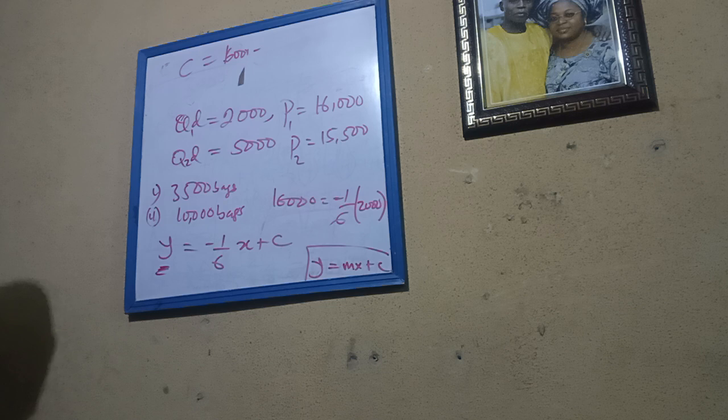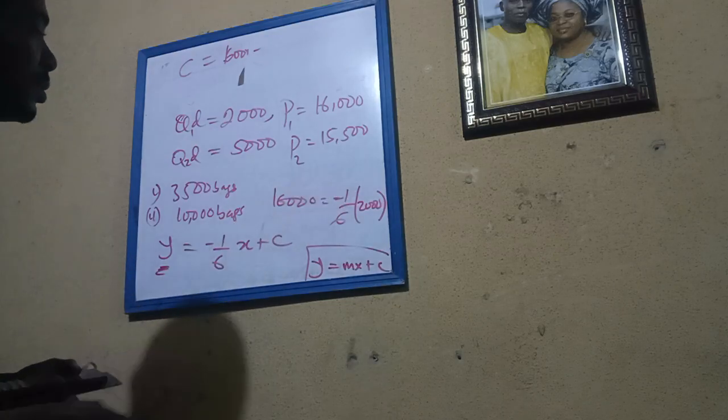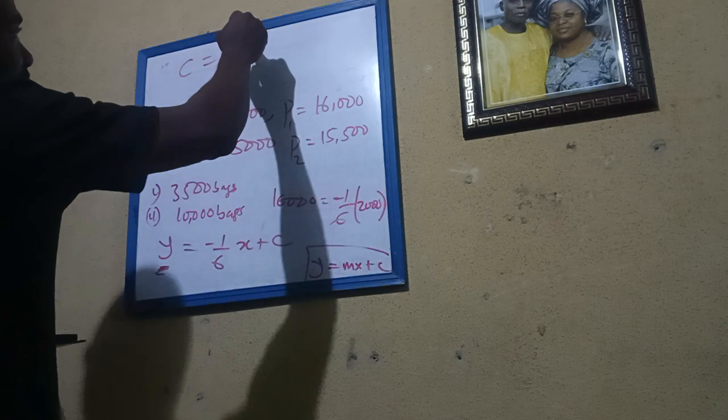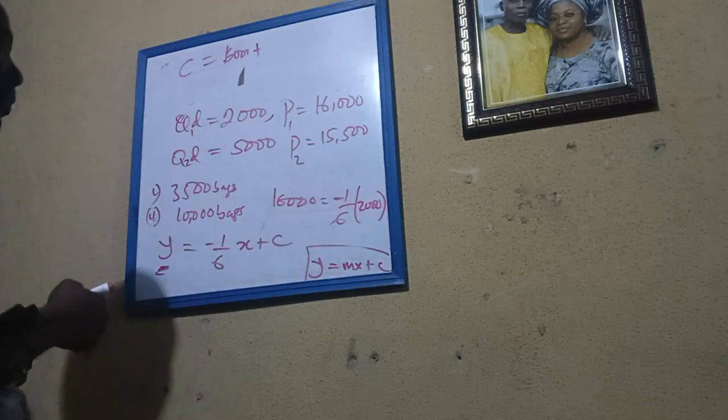Is it 16,000 minus, or is it going to be plus? Yeah, having made c the subject of formula, it is going to be plus.